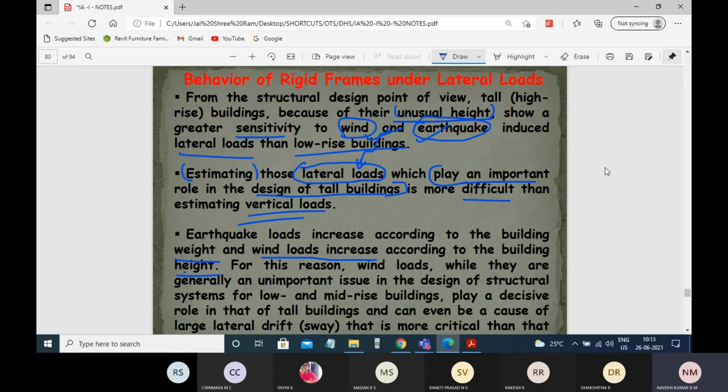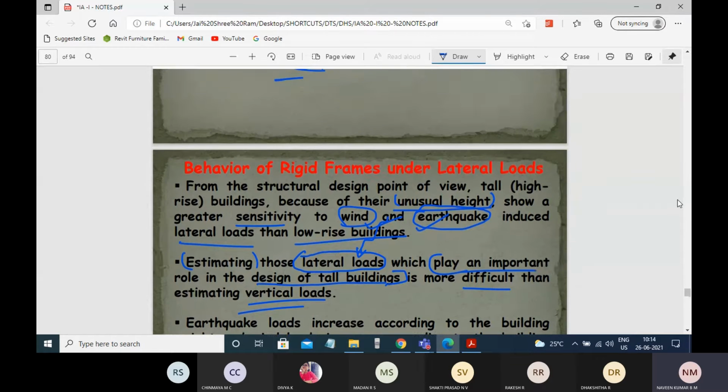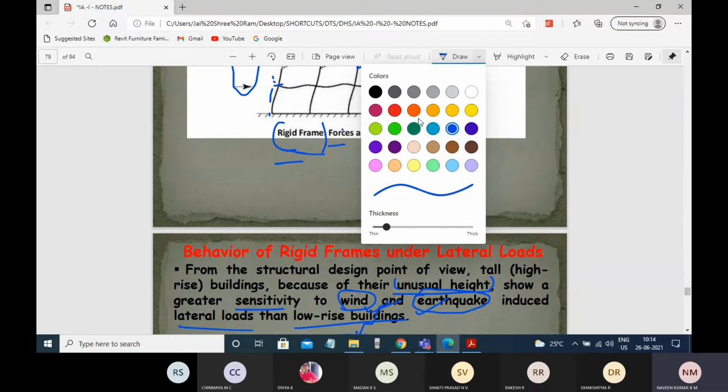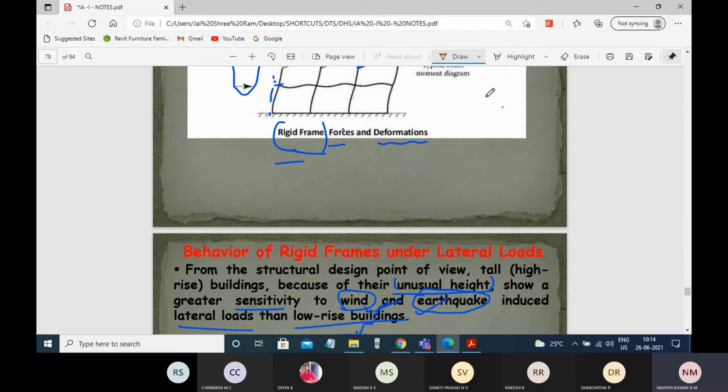So you know that we have already done these things in the numericals. Assume that this is the building. When it is subjected to wind load, assume that these are the different floors.